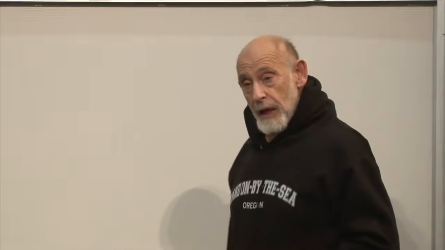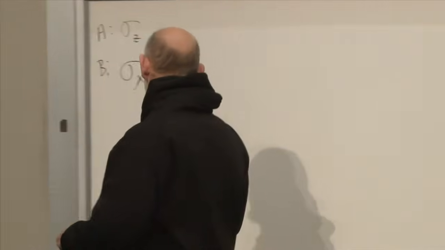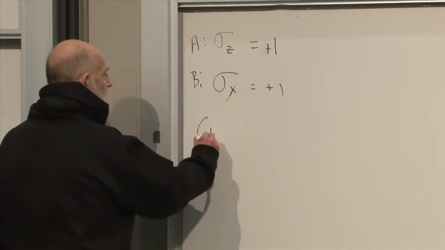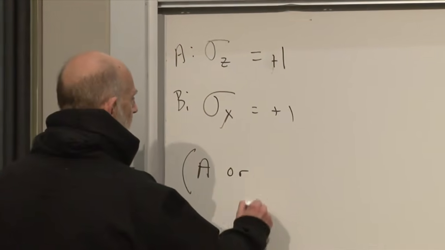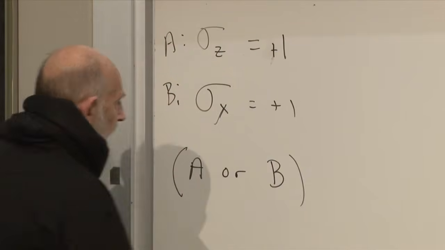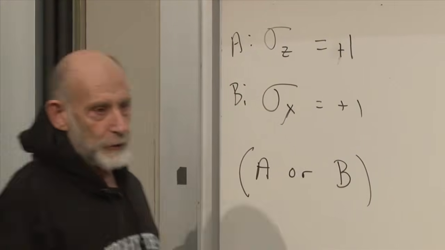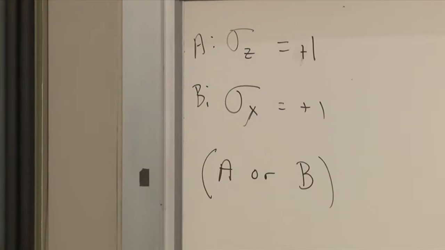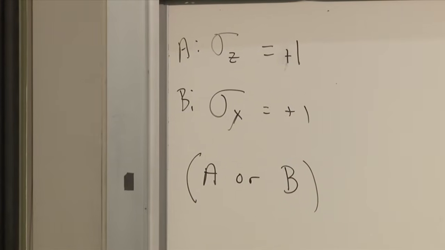All right? In classical logic, if there are two propositions, you can form the combination A or B. Let's start with A or B, and let's think about checking its truth value. Is it true or is it not? All right, so we'll design an experiment.